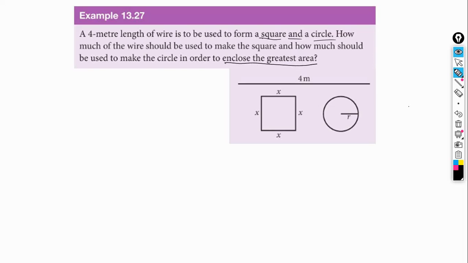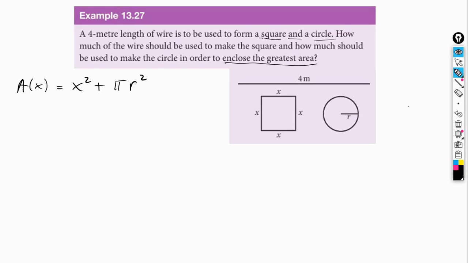So they want us to maximize the areas. Now notice that we can think about the area as being equal to x squared in the case of the square, and we have to add the area of the circle, which would be pi r squared.